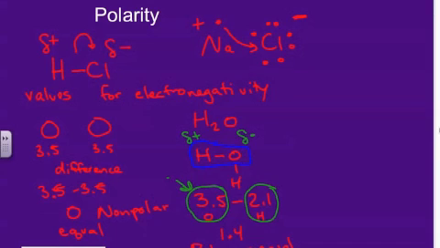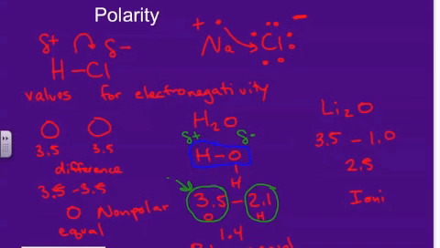Finally, if we look at lithium oxide, so lithium has an electronegativity of 1.0. Oxygen still has an electronegativity of 3.5. So 3.5 minus 1.0 gives 2.5, and this tells us our compound here is ionic.